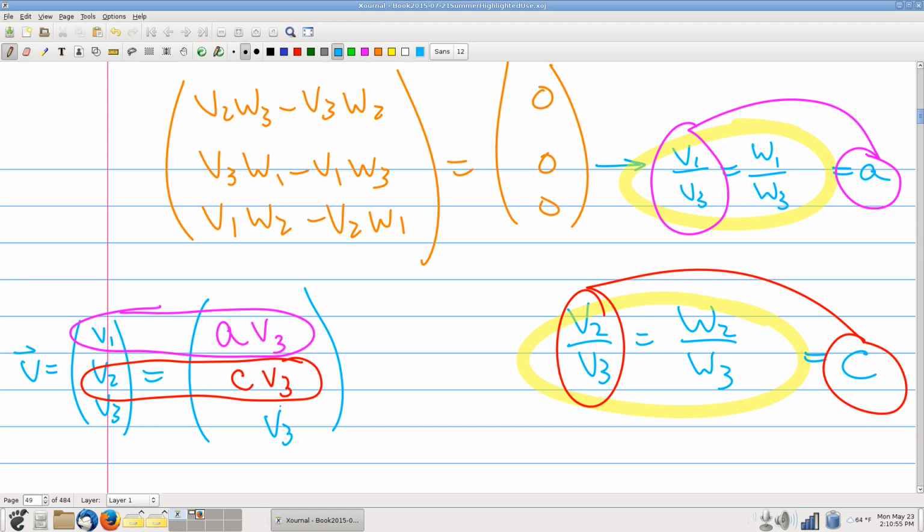I've written all three of these coordinates as some multiple of V3. So I can factor out the V3 and get V3 times (A, C, 1).